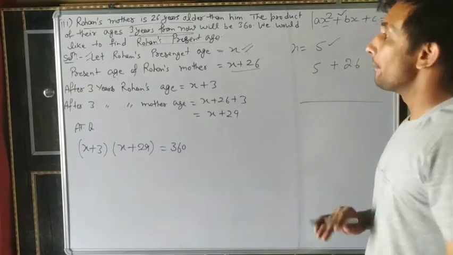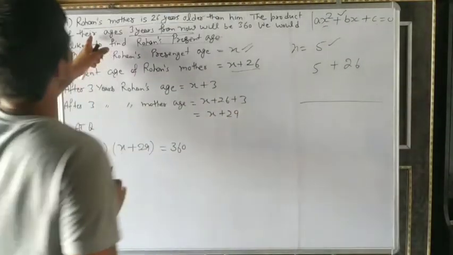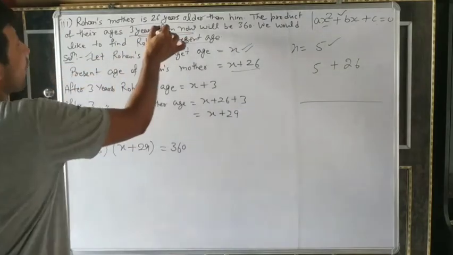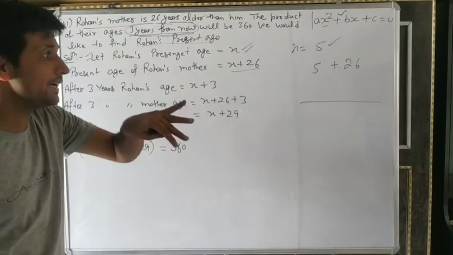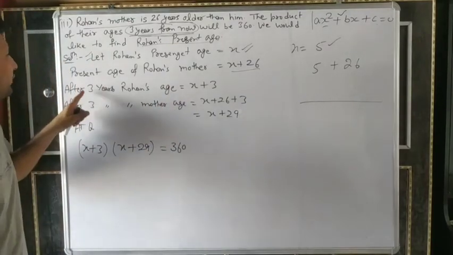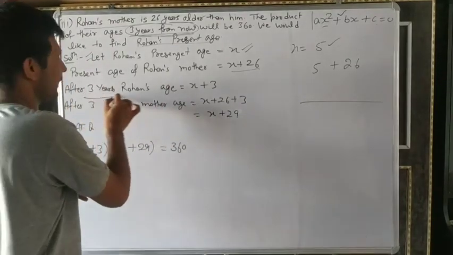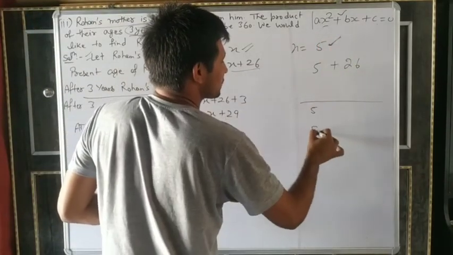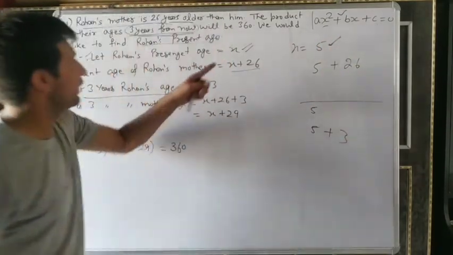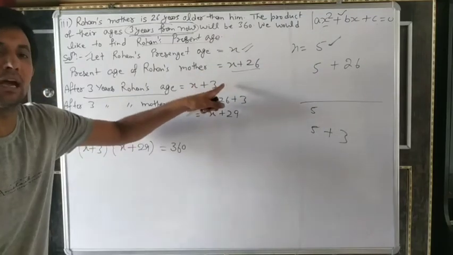Understand? But in the question, the product of ages 3 years from now is given. Now means present, so we will find Rohan's age after 3 years. Today Rohan is 5 years old, and after 3 years, 5 plus 3. Today is x, so after 3 years x plus 3.